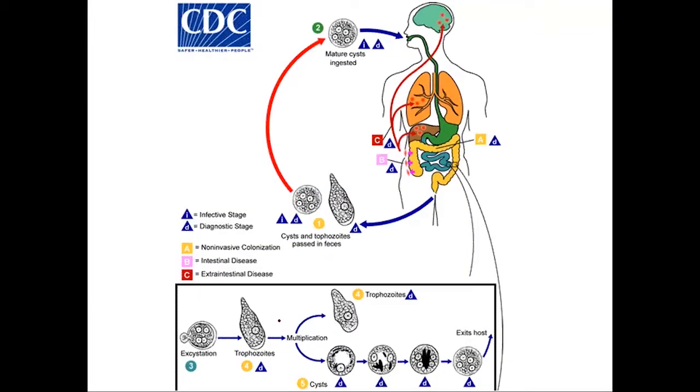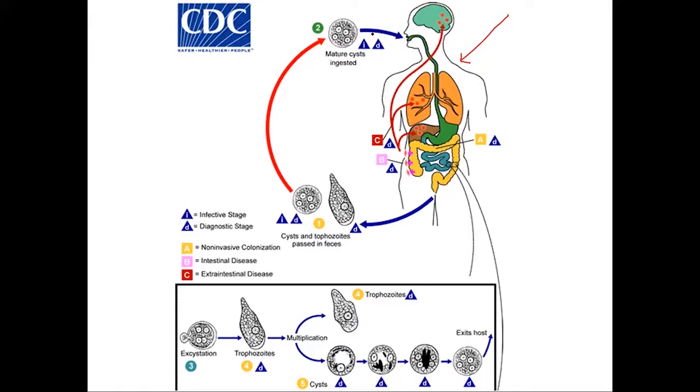The transmission can be by fecal contaminated food, water or hands. If we move to the life cycle, this is the host. If he passes fecal matter that has the cyst and trophozoite stage, and if this cyst contaminates the food that we eat, then we can get the disease.